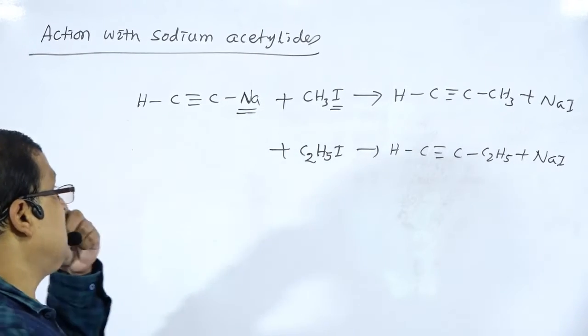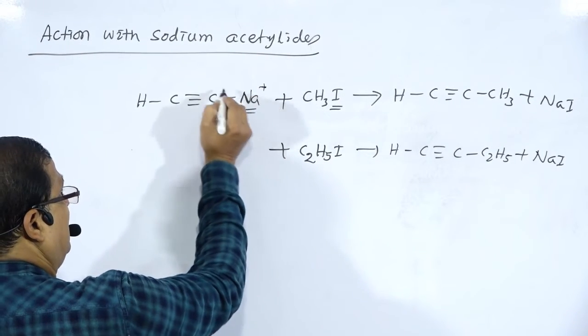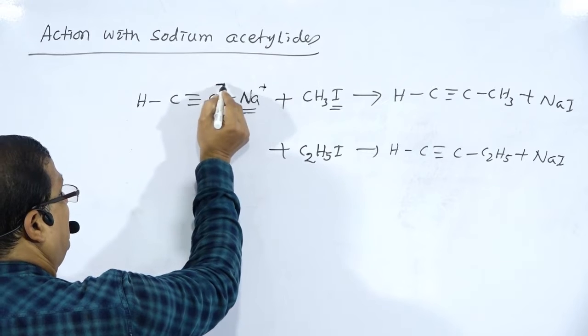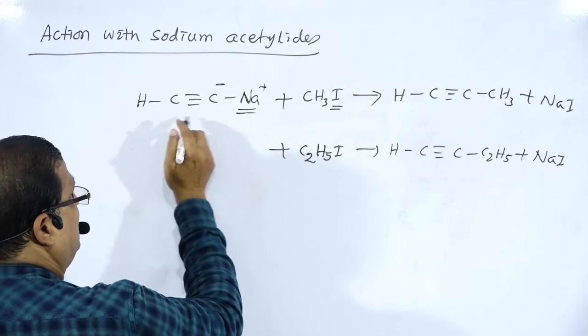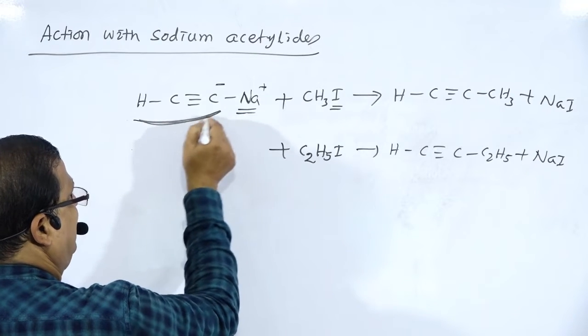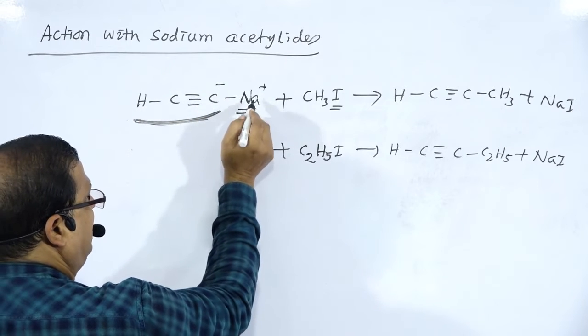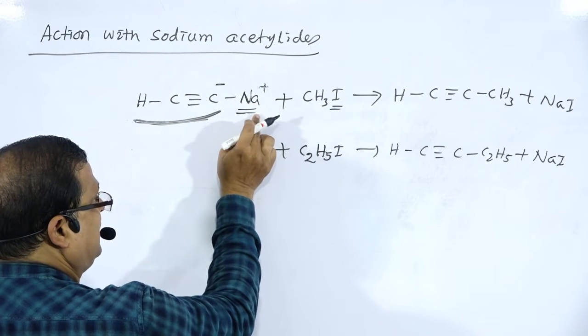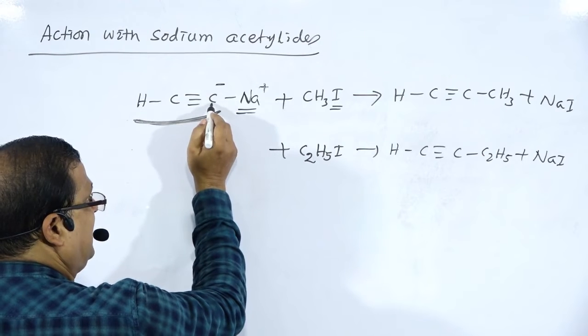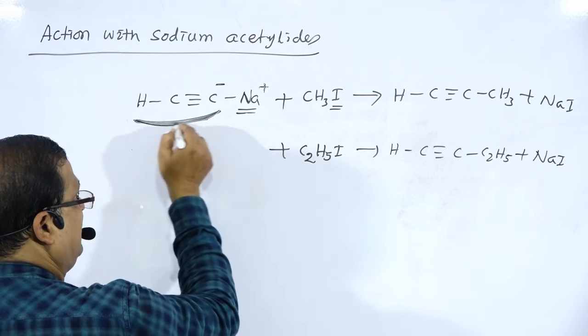This is the Na plus and minus part, that is nucleophilic substitution. This is your nucleophile, H-C triple bond C minus, because the sodium part is positive and the carbon part becomes negative. So this is treated as a nucleophile.